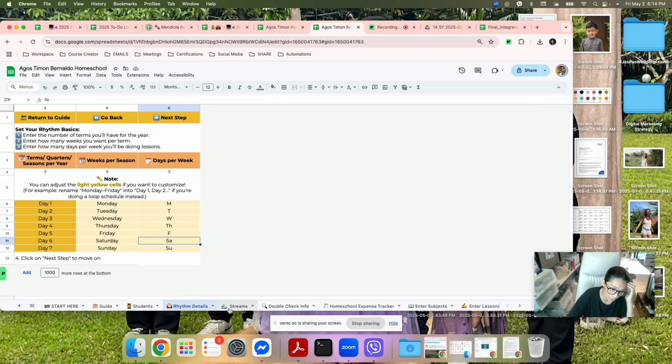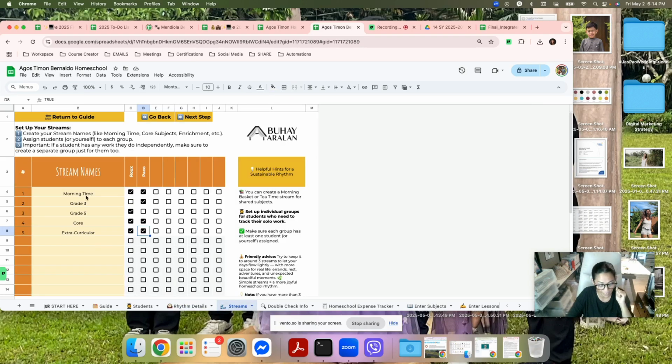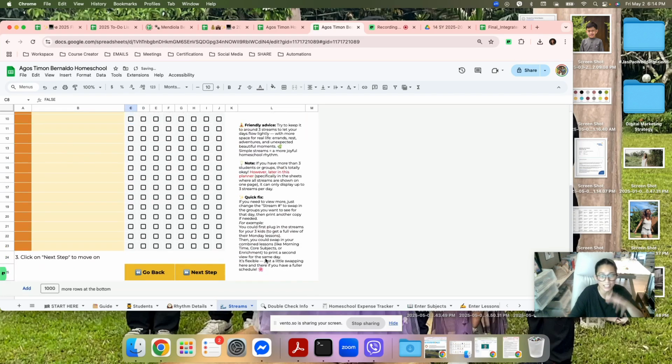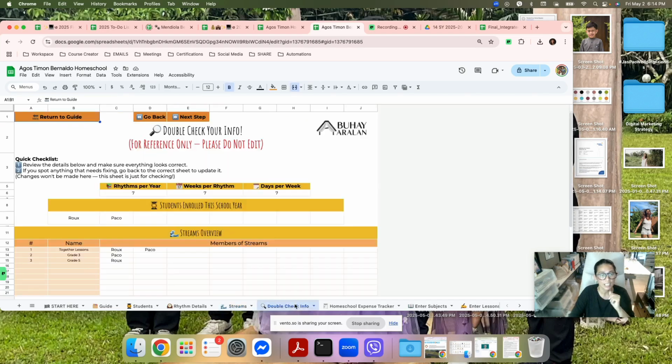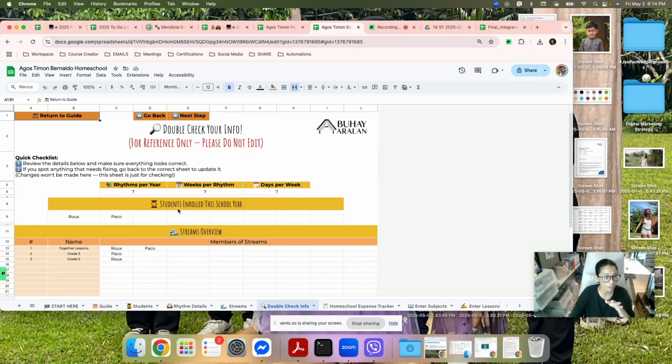So that's our rhythm. For my family, I only have 3 together lessons, grade 3 and grade 5. Okay? So that's my recommendation. I have more helpful hints here on how you can decide on how you will actually structure your lessons. Okay? Now, this is for reference only.